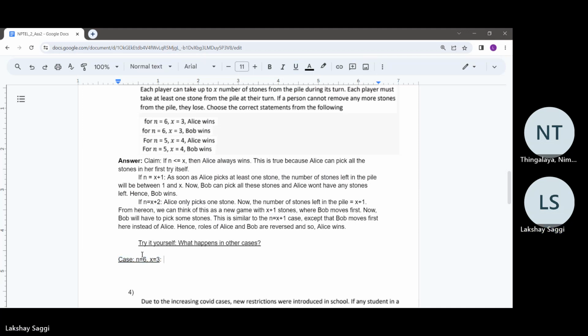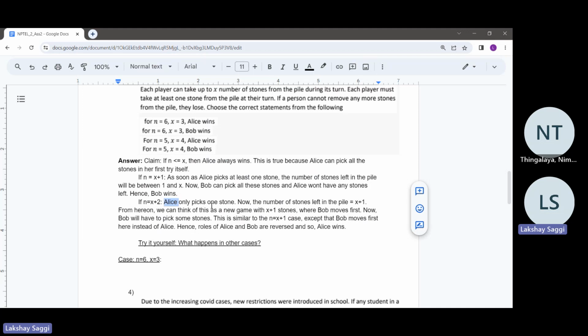I'm claiming that this will be similar to this type of argument here. Note that if n was equal to x plus 1, then Bob will always win, right? So in the n equals x plus 2 case, what did Alice do smartly?